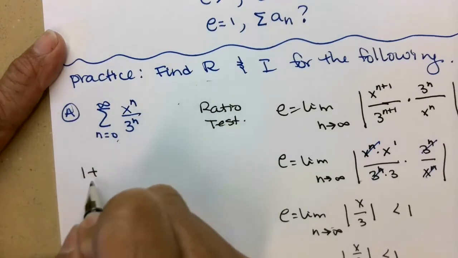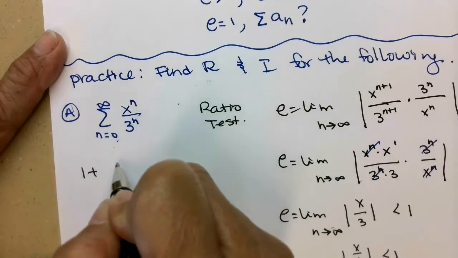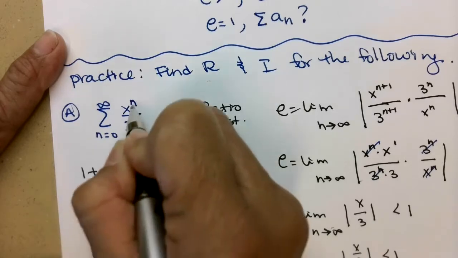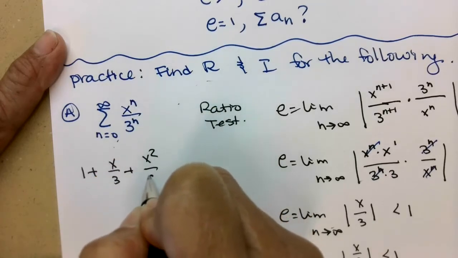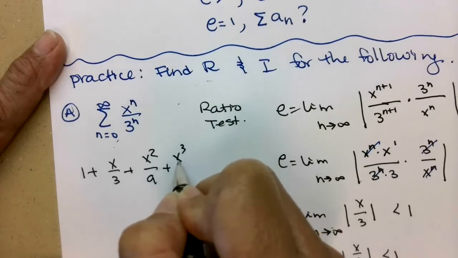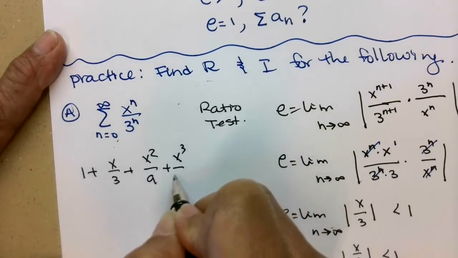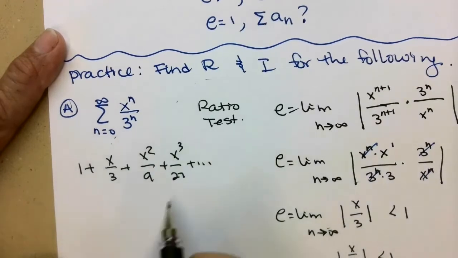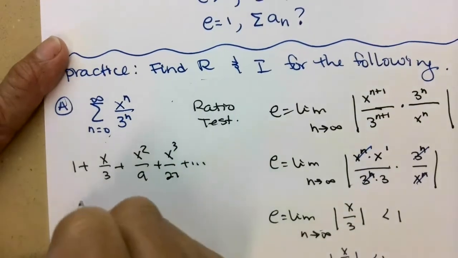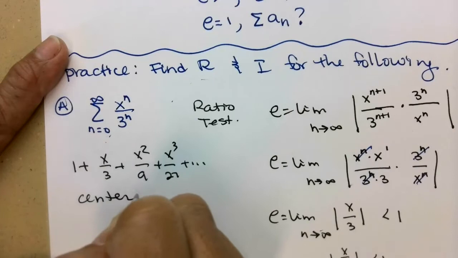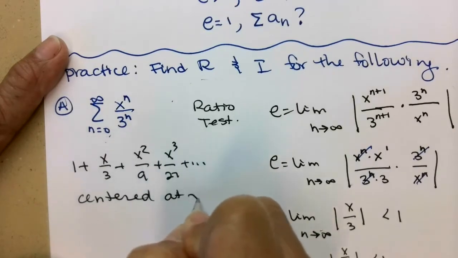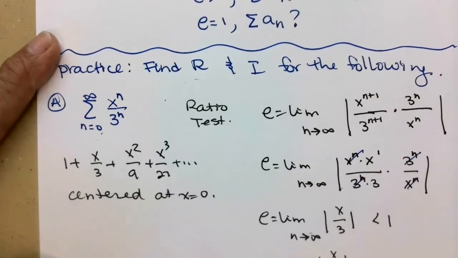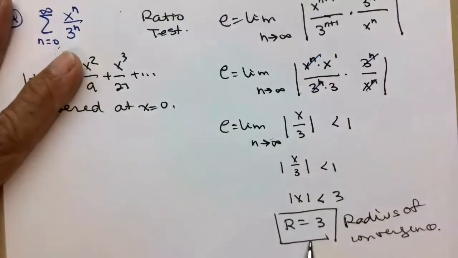If n is 1, I get x over 3, and if n is 2, I'll get x squared over 9, and x cubed over 27, and so on. If you look back on the first page, this is centered at x equals 0, so it doesn't have a shift at all. So my radius of convergence is 3.